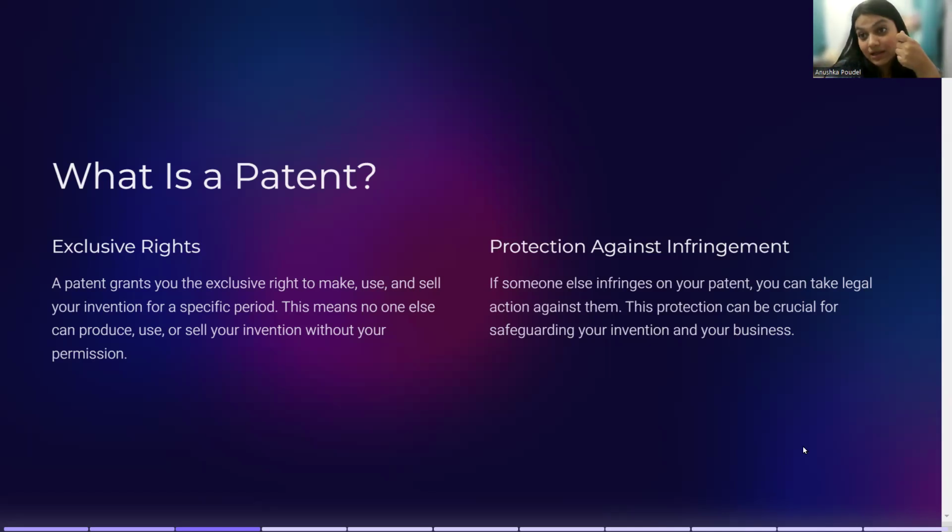Suppose XYZ person is making a patent for his or her invention, and another person, suppose me, claims that that is my invention as well, or that I had this idea, or maybe it's my product. If the patent is under XYZ's name, then I'm infringing it. Basically, I'm limiting that patent. So he or she can take legal action against me because I am trying to plagiarize that.